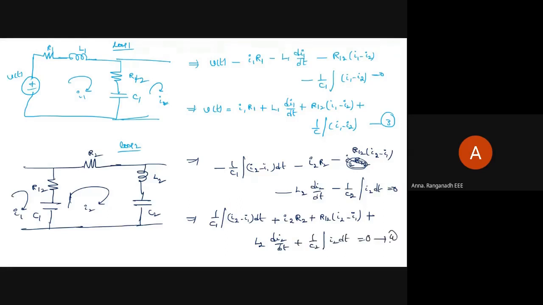So this is equation number 4. This is the force voltage analogous circuit or force voltage analogy.